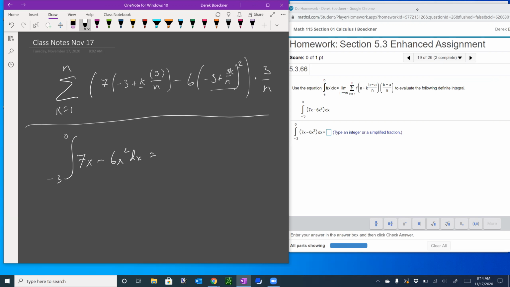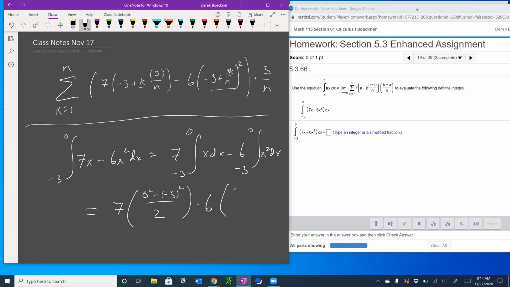We know that's 7 times the integral of -3 to 0 of x dx minus 6 times the integral of -3 to 0 of x squared dx, which is 7 times 0 squared minus -3 squared over 2, minus 6 times 0 cubed minus -3 cubed over 3.